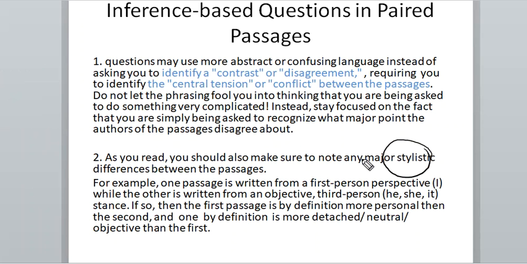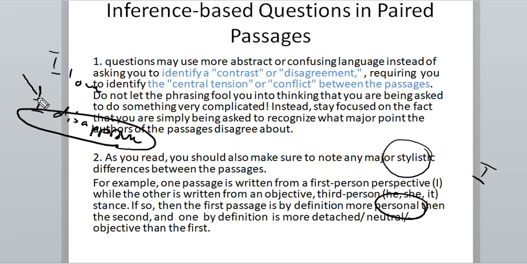So stylistic differences, and here's an example. One passage is written from a first person perspective, which is I, while the other is written from an objective third person, he, she, it stance. If so, then the first passage is by definition more personal, because I is involved. So for example, I love this and that, I disapprove of this and that. Okay, so here it has to do with the opinion of the author, so it's a subjective point of view.